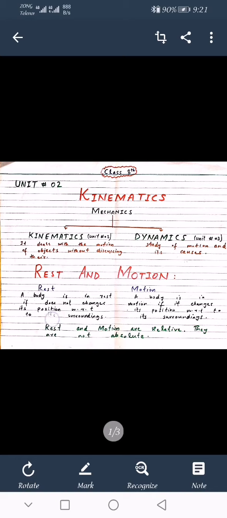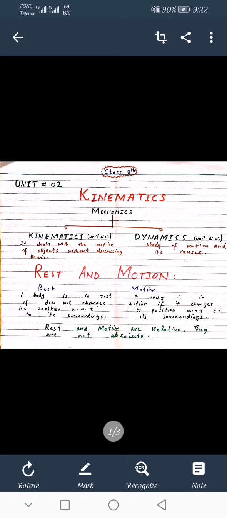Similarly, a body is said to be in motion if it changes its position with respect to its surroundings. So here the surrounding is the reference point. In order to define rest and motion, we must have a reference point or some surrounding.